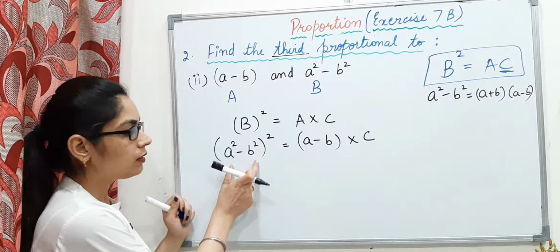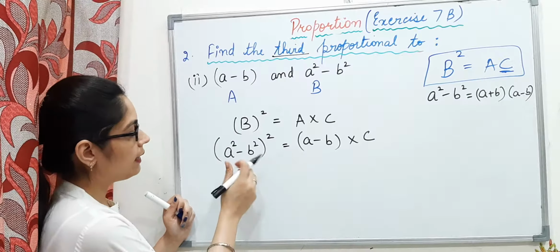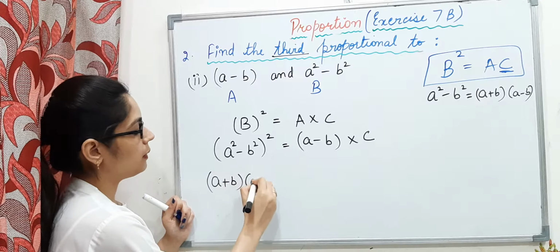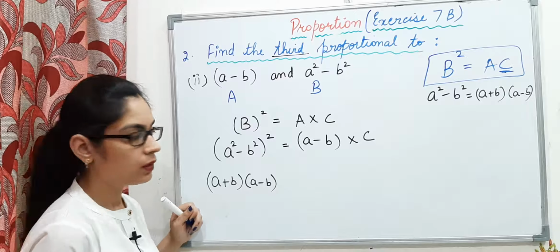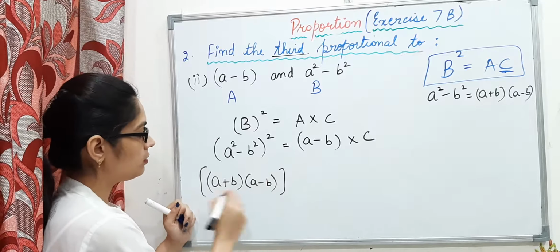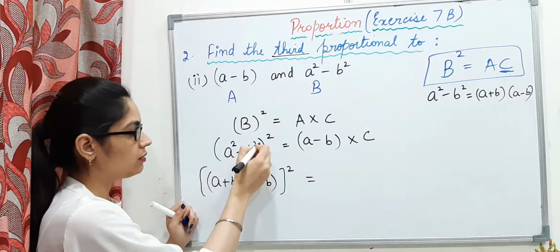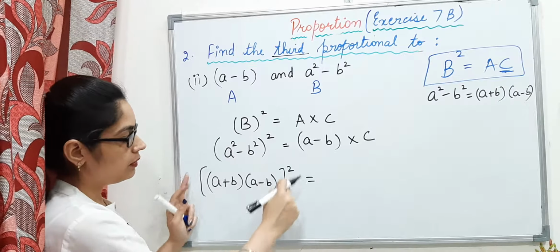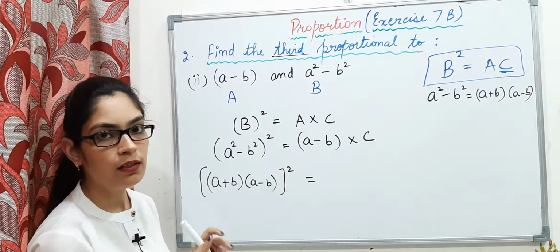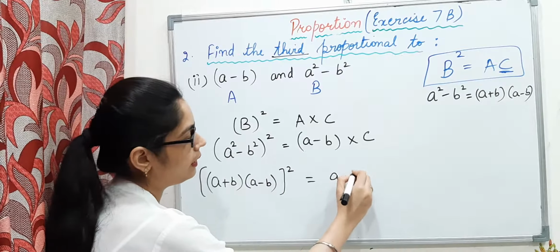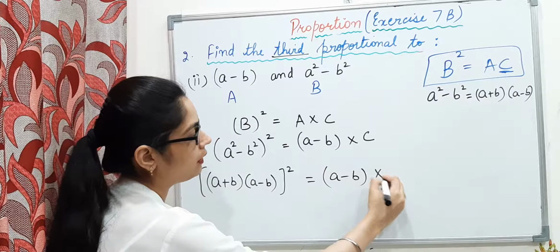I will write its expansion as a plus b into a minus b, with the whole square as it is. Only this thing I have written in expanded form. See, this whole square is already there. Do not forget about this. This as it is we have to write. a minus b into C.